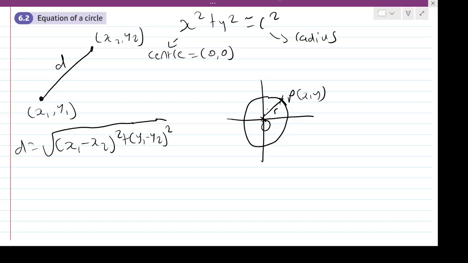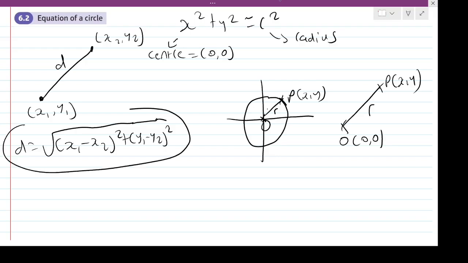Well, we can use this distance formula here, because these are 2 points, O to P, where P is xy, and O, the origin, is 0, 0. We can work out the distance, and we know the distance is the radius r. Alternatively, if we use the distance formula, we know the distance has to be r, the radius.